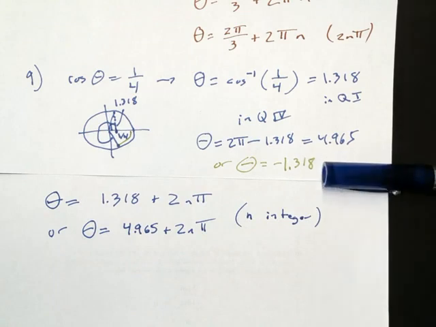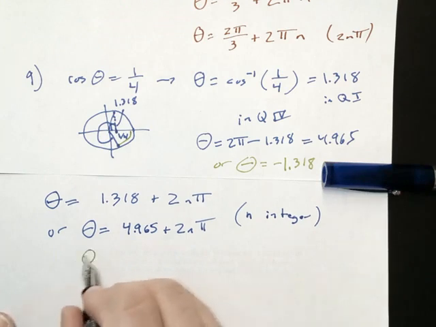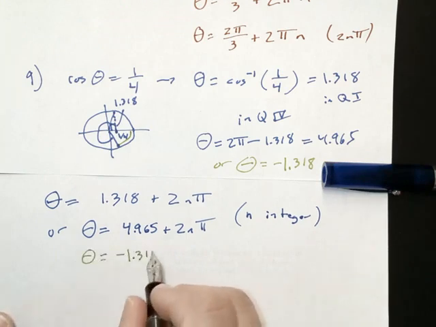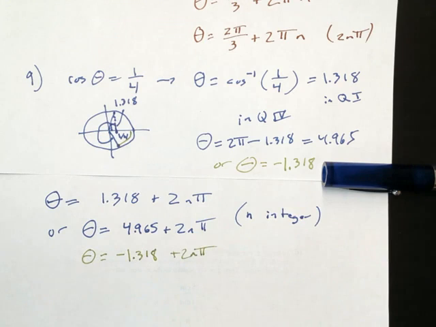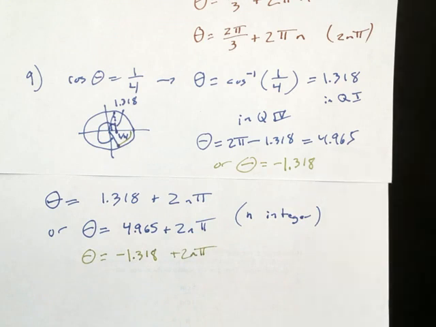If I'd used the negative 1.318 up here, then I could say down here, use that. Let's check. See if we got it right.